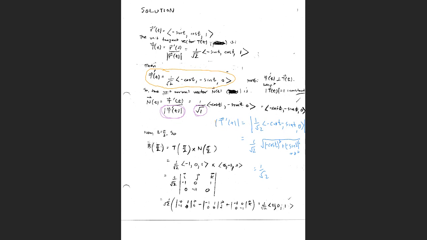Here's what I should have here, class. Let's fix this right now. Up here, I should have 1 over root 2, and here. I like things to be clear, you know.